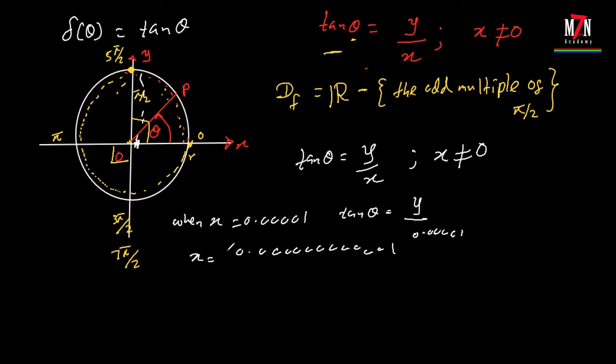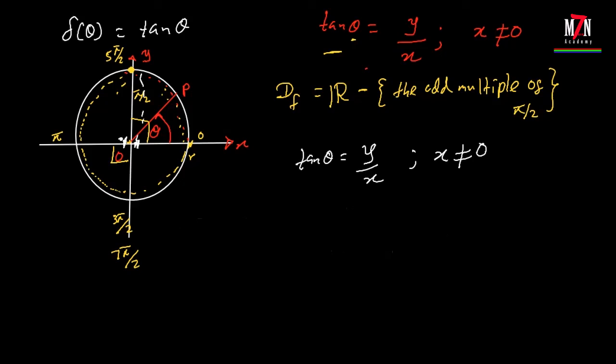That is when x is positive. In the same way, you can have negative values in this direction, so you will have very big values for tan theta in the negative direction, right?